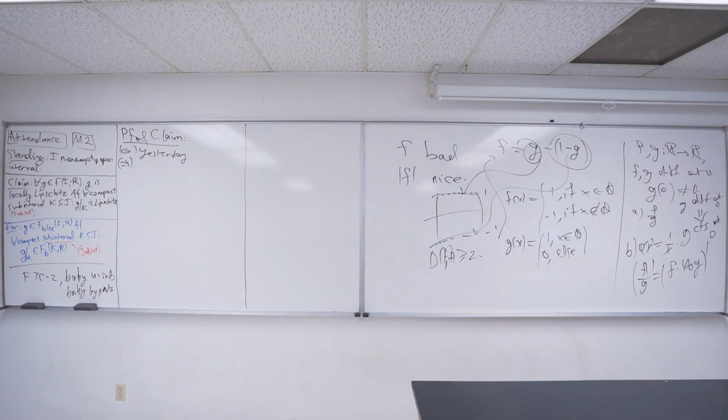Okay, so the claim was this. I, as usual, is a non-empty open interval, and I take a function g on I, taking real values. The claim is g is locally Lipschitz if and only if on each compact subinterval K of I, the restriction of g to K is Lipschitz. Instead of subinterval, you can also use subset.